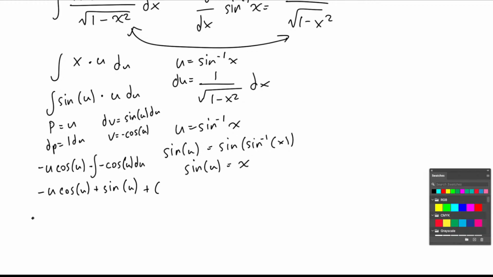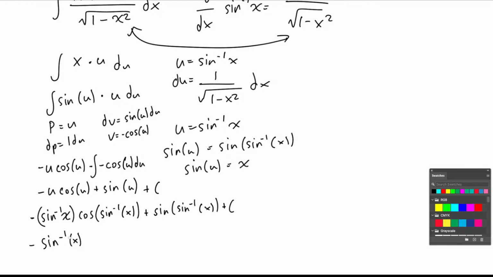Next, negative sine inverse x cosine of sine inverse x plus sine of sine inverse x. This is what we get.